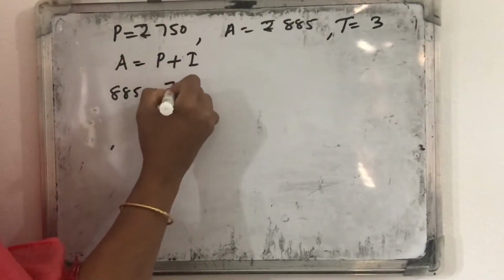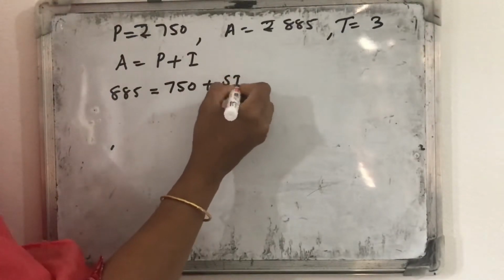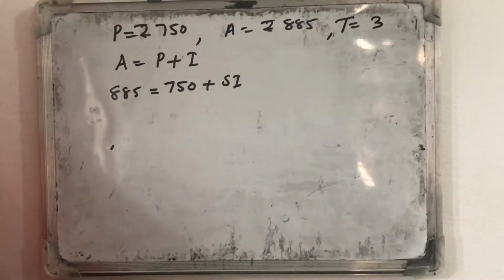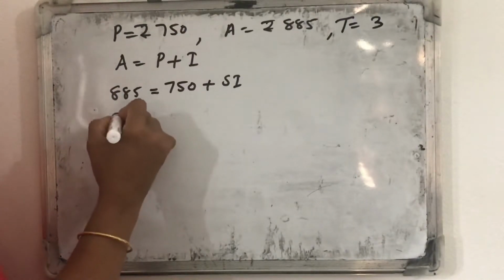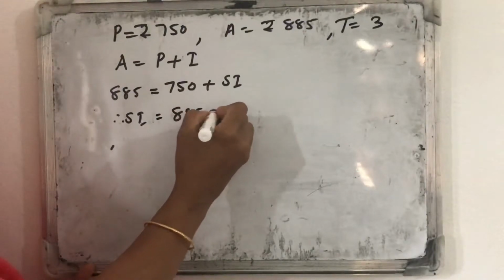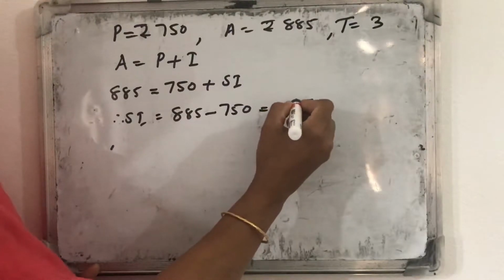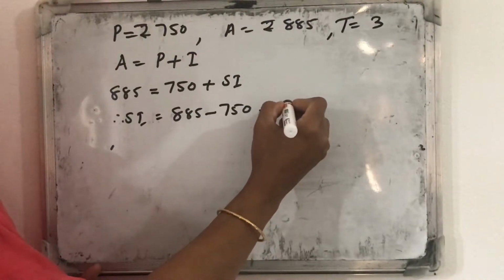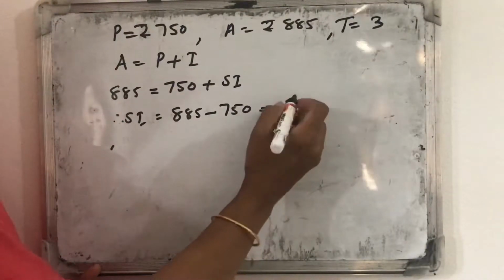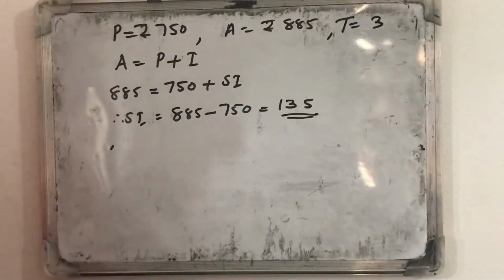That's equal to 750 plus simple interest, SI or I. So what is the interest? Therefore simple interest equals 885 minus 750. So the answer will be 135 rupees. That is simple interest only.